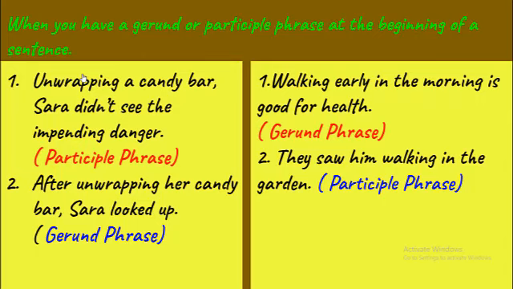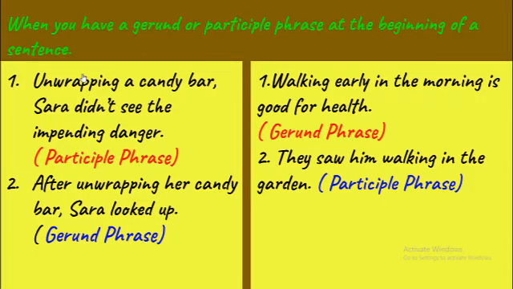Unwrapping a candy bar is actually an activity being done by Sarah. But in the second sentence, we're talking about the same activity. The only difference we can identify in this case is based on the preposition. After unwrapping her candy bar, if any phrase is started with a preposition, then it is a gerund phrase.